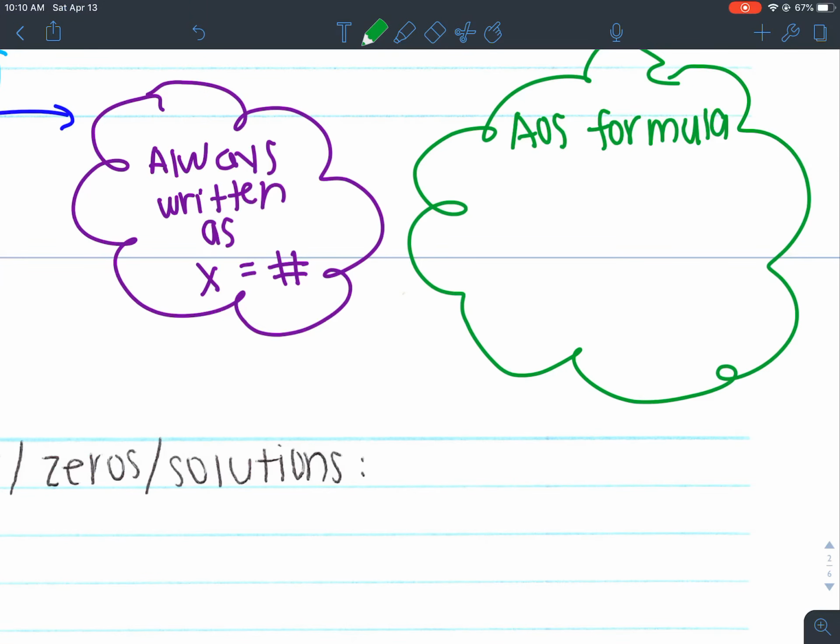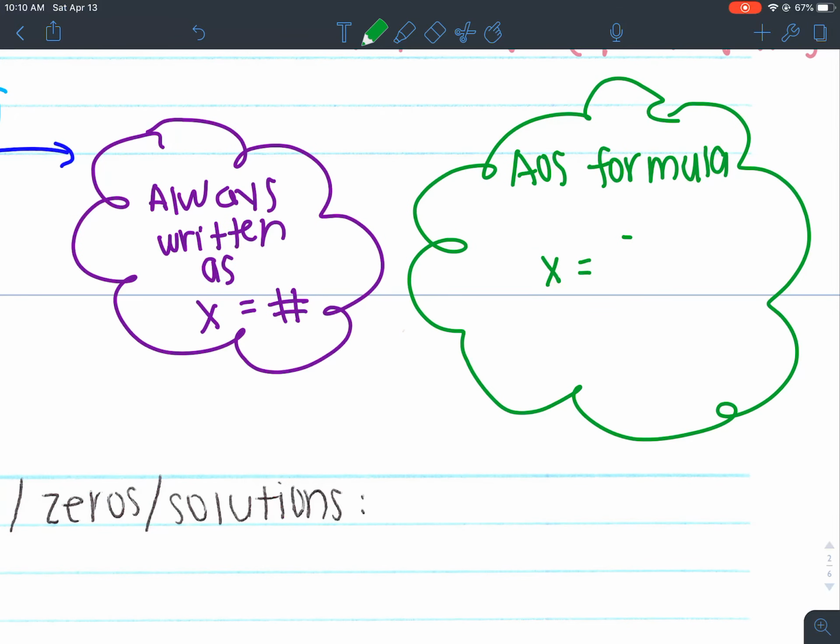Okay, so again, the axis of symmetry is always written how? X equals. Okay, and the formula is negative b over 2a. So you're basically using the b and the a from your standard form, from the ax squared plus bx plus c. And so we'll have more practice using that formula on the very last page of the notes.